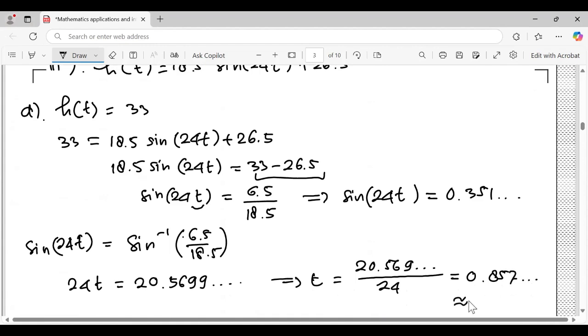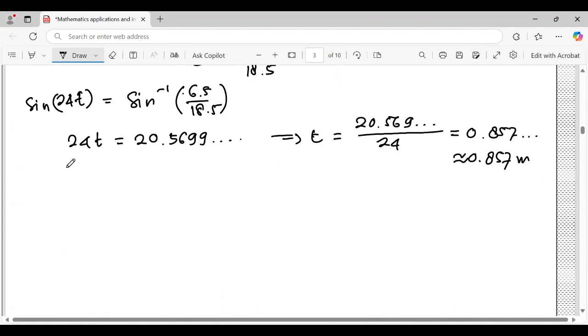Rounded off, it becomes 0.86, sorry, 0.57, I mean, 0.57 meters.